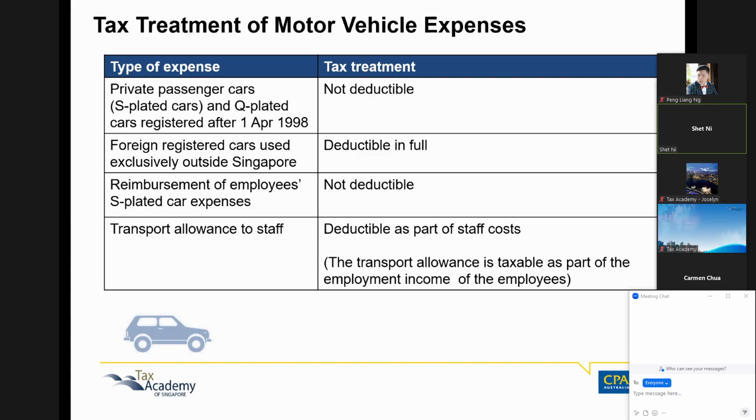So, for example, it could be a sales position that needs to travel around very often. Let's say the company gives $1,000 every month to the employee to help with transport expenses.